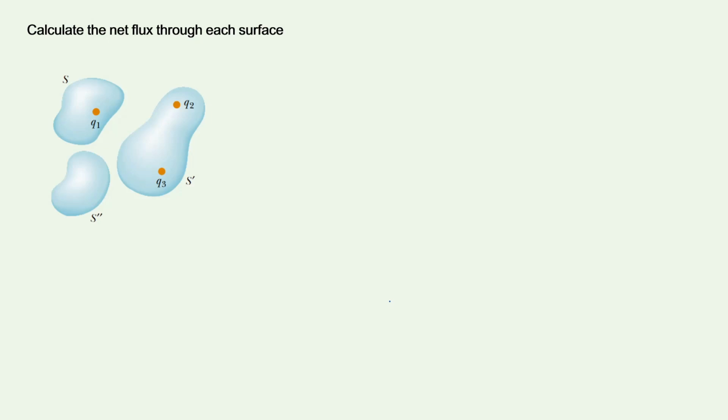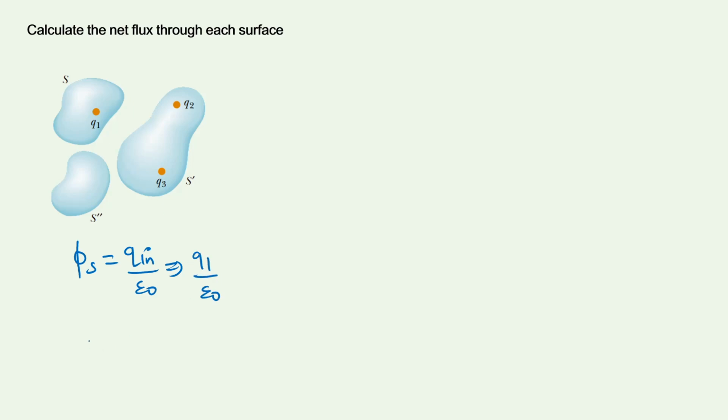Now from the given figure we need to calculate the electric flux through surfaces S double dash and S single dash. For the surface S, the flux is charge enclosed upon epsilon naught, so here it is q1 upon epsilon naught.